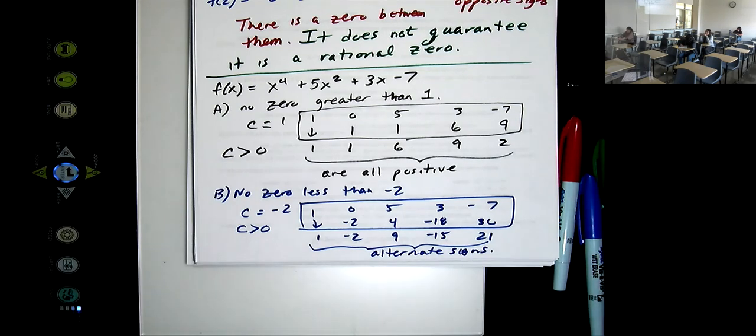That's the other scenario of that bounded theorem. It's a lot to remember. There are a lot of different little things here to help.